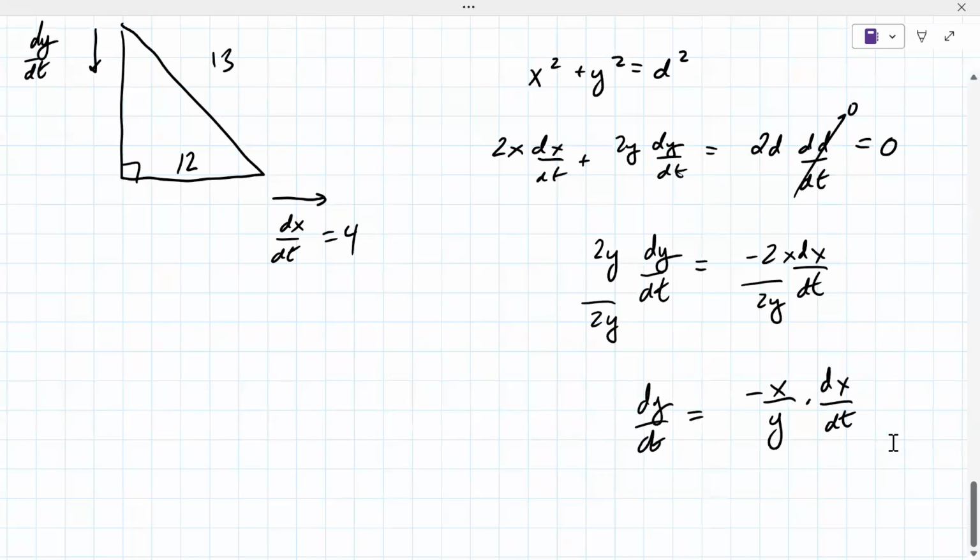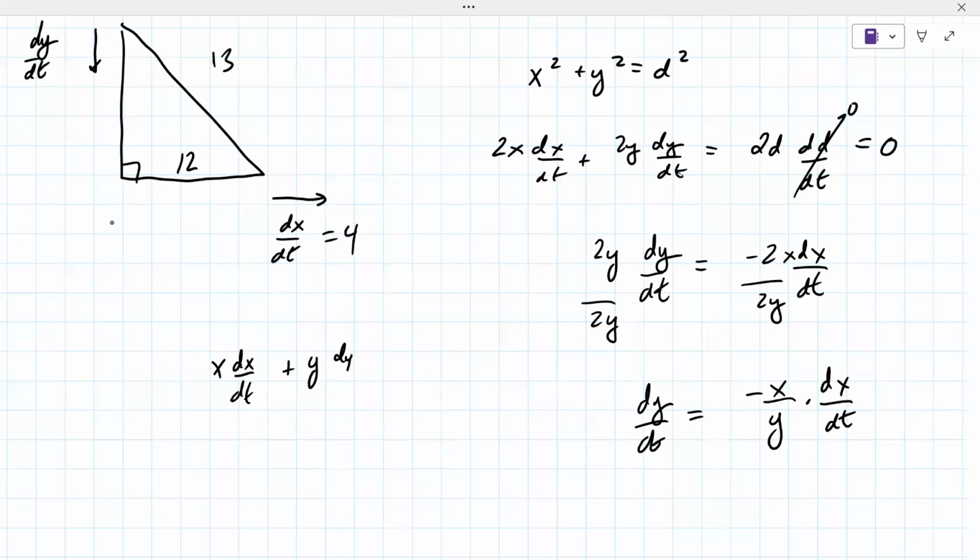No. Okay, that's where your issue is. I just didn't have the y. Go ahead. I did 2x dx/dt plus 2y dy/dt and I canceled out the 2's. Yeah, they cancel, but then you've gotta, yeah. So x dx/dt plus y dy/dt equals 0.